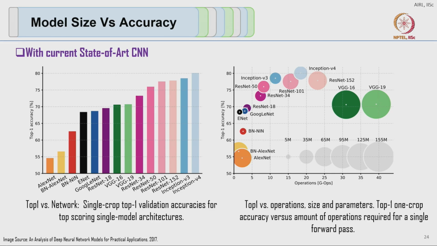If the size is so big, can I put it at the edge level? That's where the model size matters a lot. Without compromising the accuracy of the model, can I reduce the size? So that it becomes edge deployable, and you can process the data in real time.